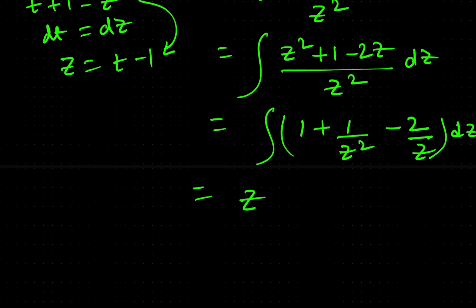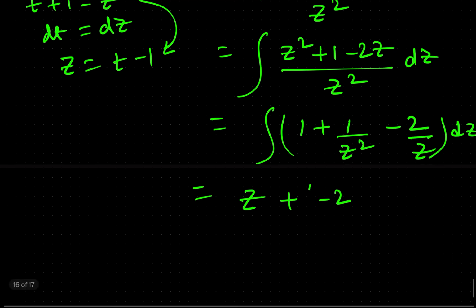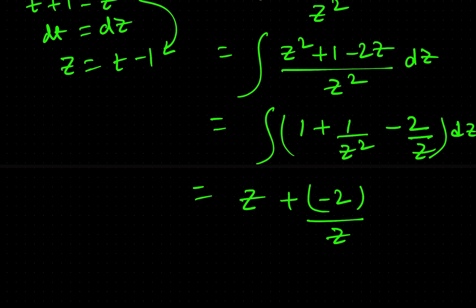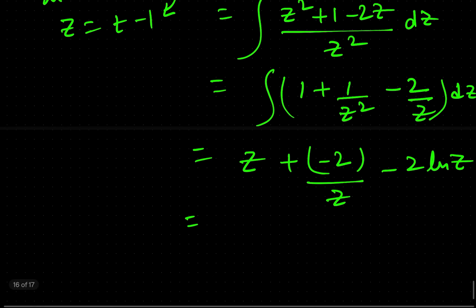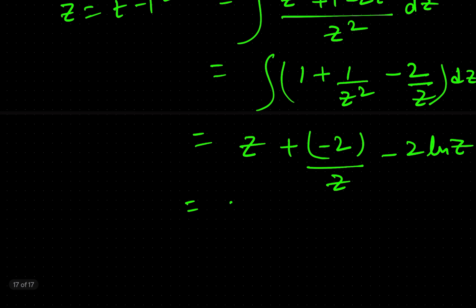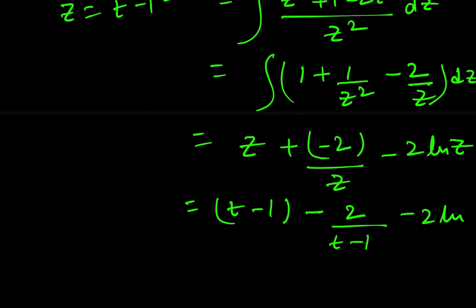Here you will get z plus, here it will give you minus 1 by z, and here you will get minus 2 ln z. So now substitute back the t over here. It will be t plus 1 minus 1 by t plus 1 minus 2 ln t plus 1.